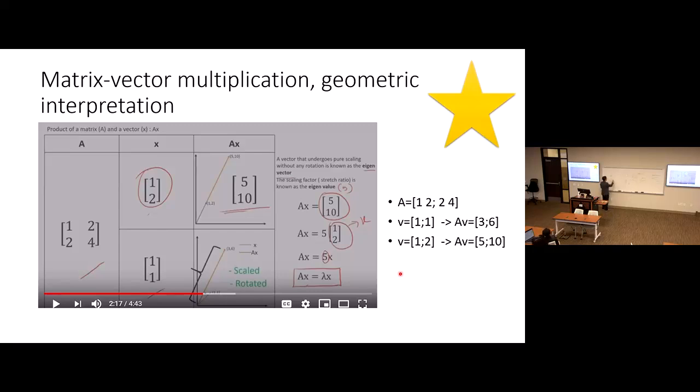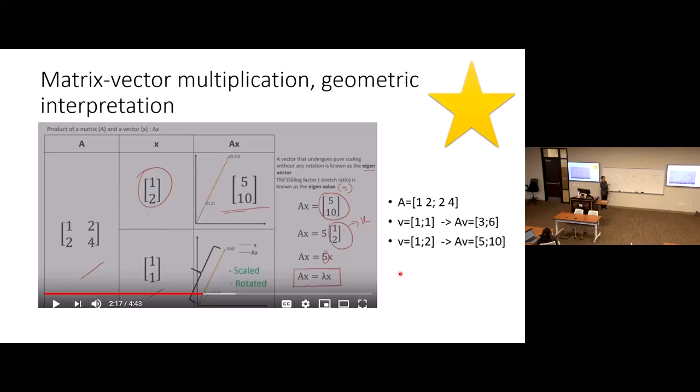Now we generalize this into a lambda. This just indicates this is a single number, okay, a scalar. So this formula gave you this particular equation to combine the eigenvector and this particular number called the eigenvalue. This is like a pair, okay?